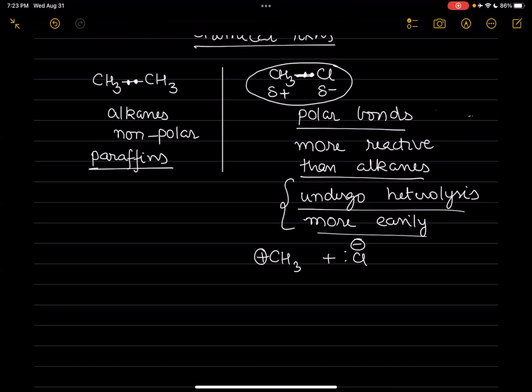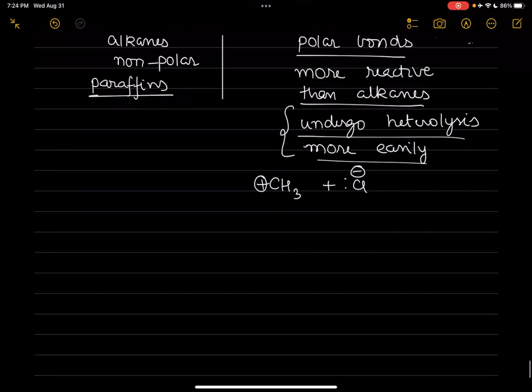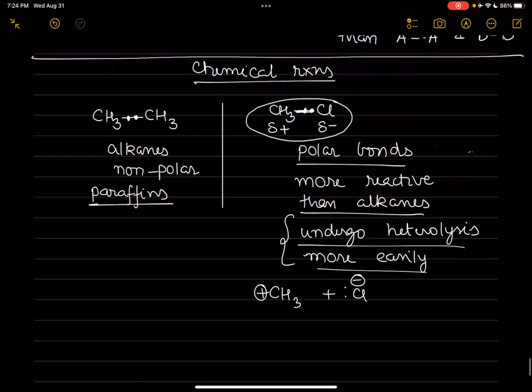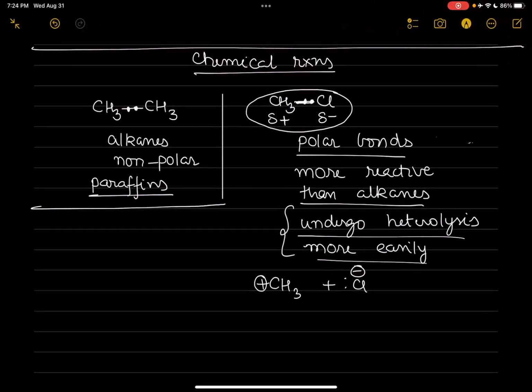Yes, sir. Clear. So because they have polar bond, they can be cleaved more easily. But there is one more thing, and that is the type of reaction which we are going to discuss now. Because the carbon acquires partial positive charge, the carbon halogen bond can undergo heterolysis very easily.